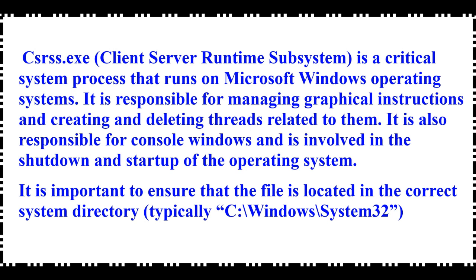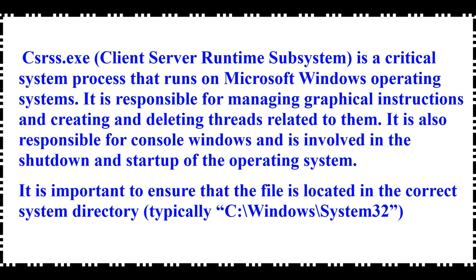I will make you understand. Can you just be on that browser once again? I'll show you what exactly this file is. Now type there once again CSRSS dot exe, and after that give a space and type the letter T. T for Tango.